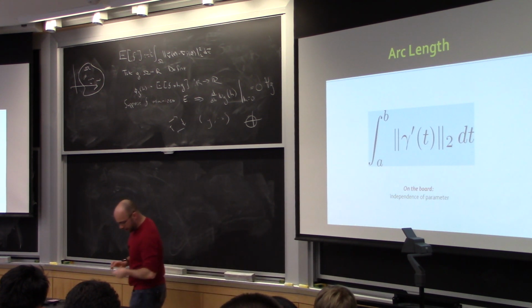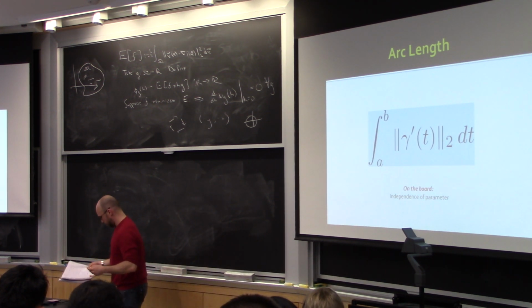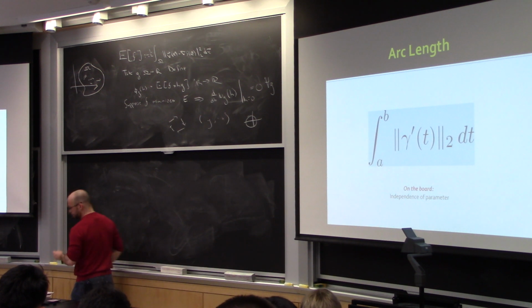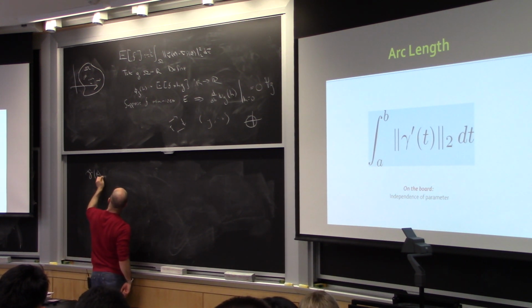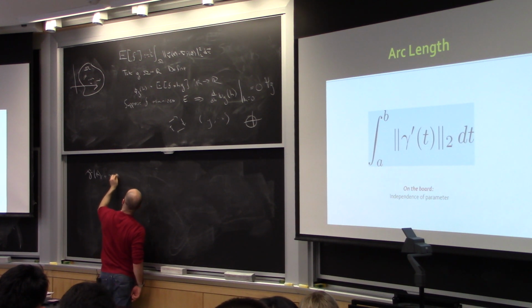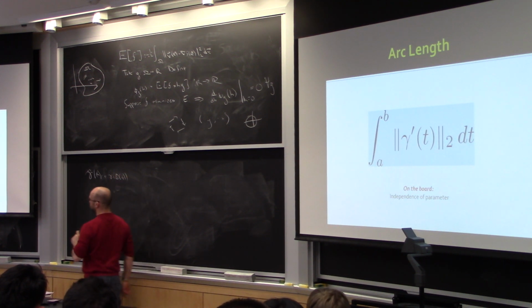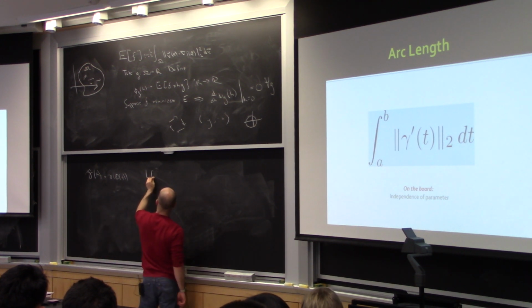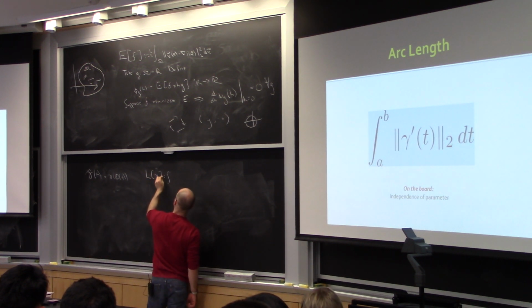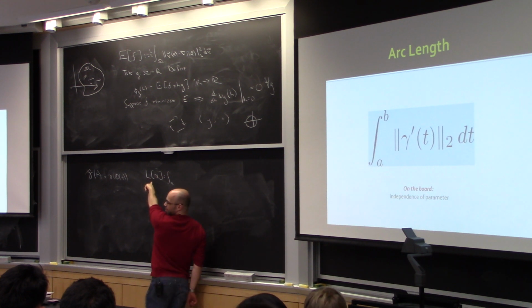So let's say that I have another parameterization of my curve. I'm going to write it as gamma tilde of t equals gamma of phi of t, right? And in general, I'm going to define the length of a curve. Notice this funny notation again, right?